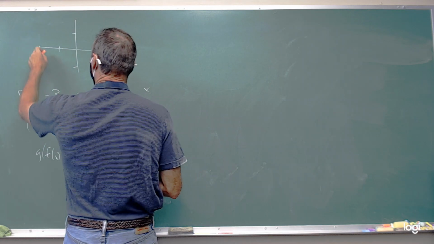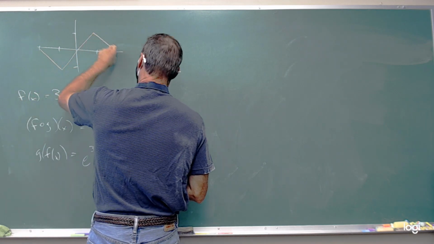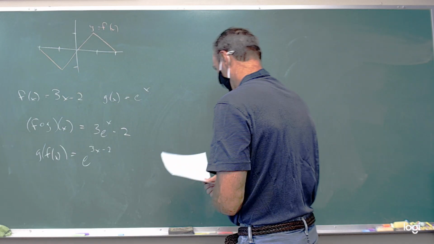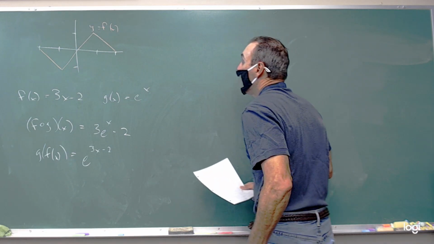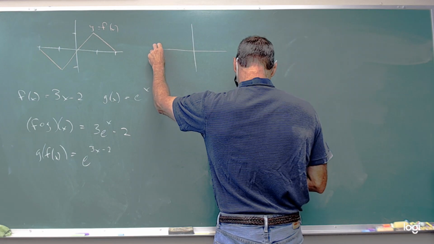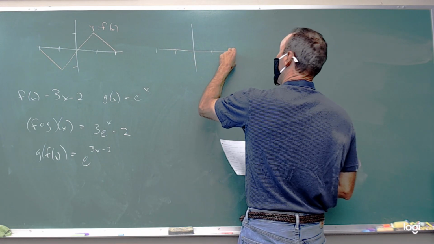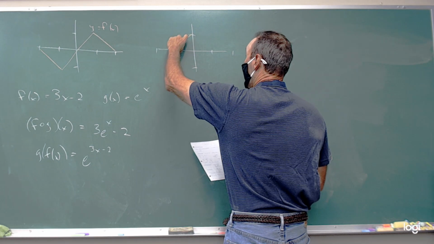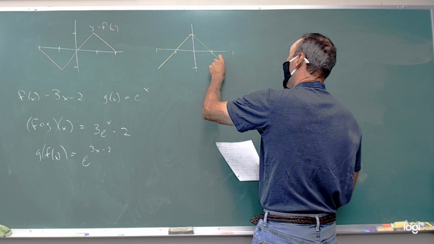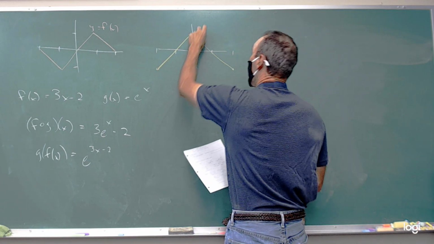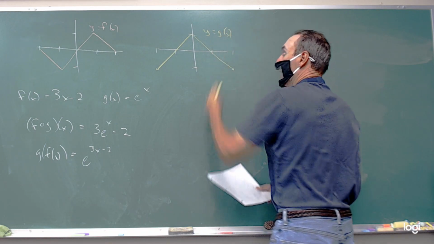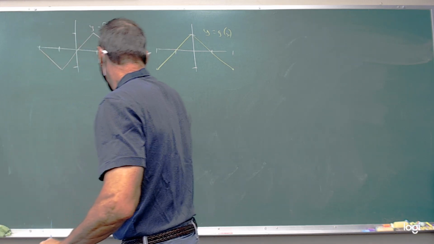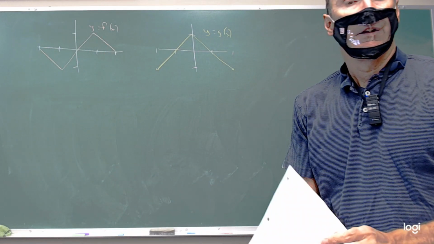And we're going to go, this is f of x, and then we'll go 1, 2, 1, 2, 1, 1, and we'll say that is going to be g of x.